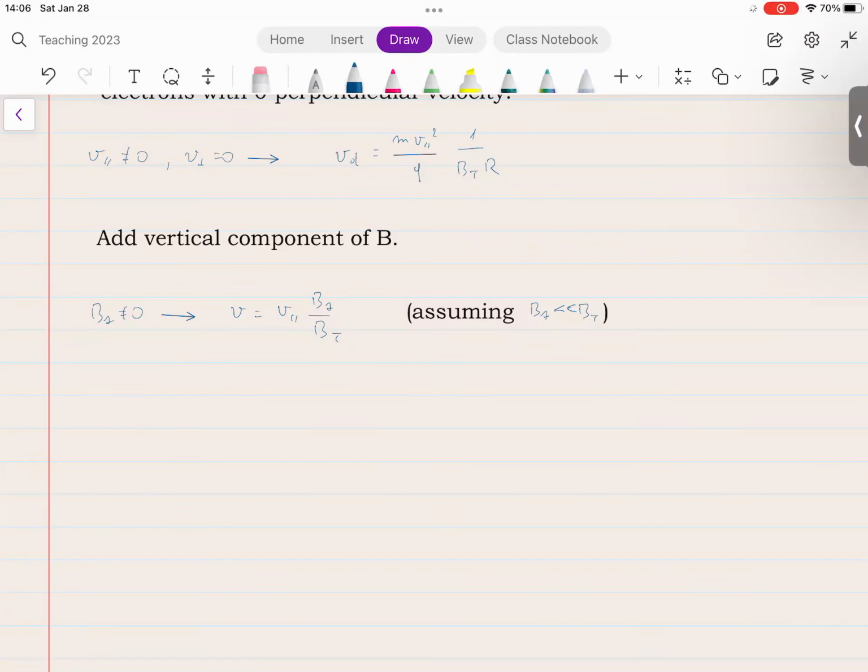Therefore, let's say that I want Vz to be 0, and that's the idea. I don't want the drift anymore. Well, that's going to be equal to V parallel Bz over Bt. I prefer to use B phi, but I am following the notes that I have that are not my private notes.